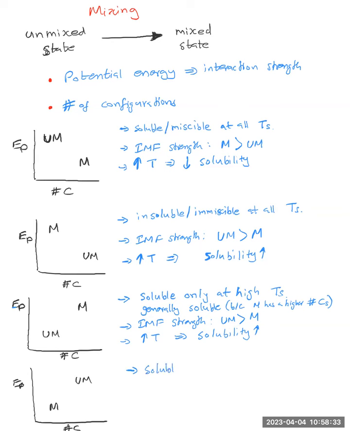Soluble only at low temperatures. Okay, why? At low temperature the mixed state has a lower potential energy, therefore lowering the temperature will favor the mixed state. Okay, but because the mixed state has a lower number of configurations, this is considered as generally insoluble.